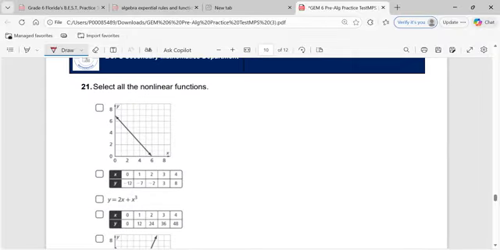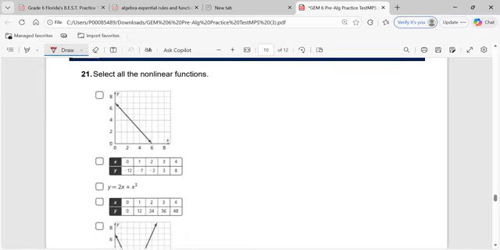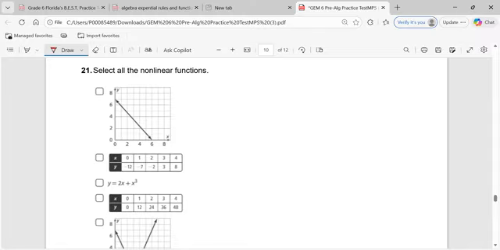All right, so now we're going to do something similar to what we just did. We're just going to pick the ones that are non-linear. So which ones are not a line? That's a line. I can't pick it. All right.